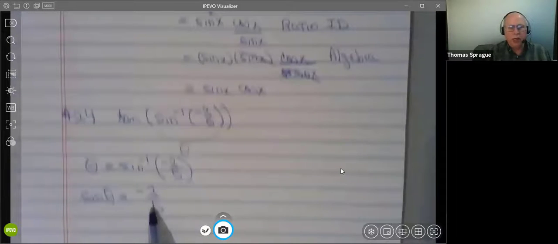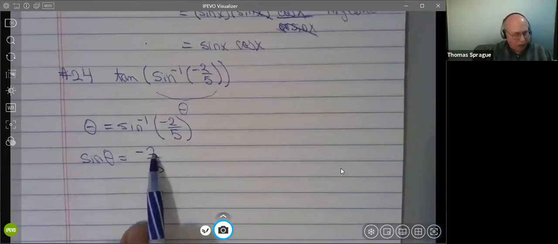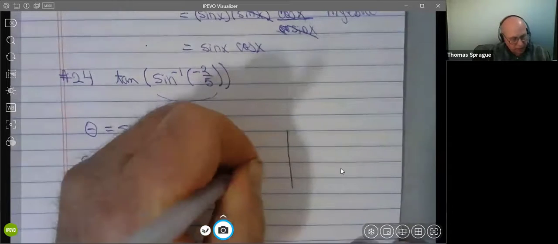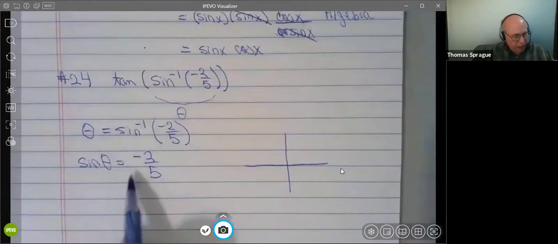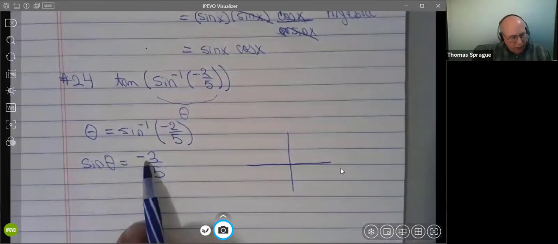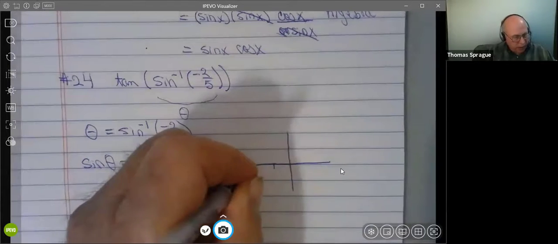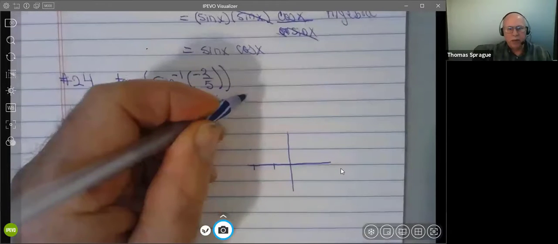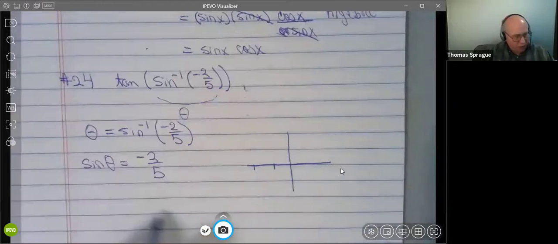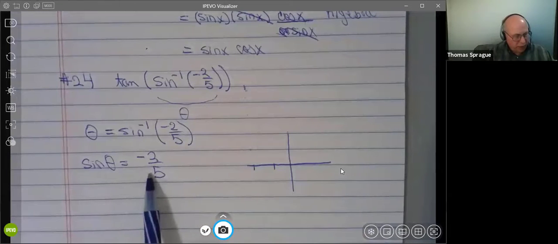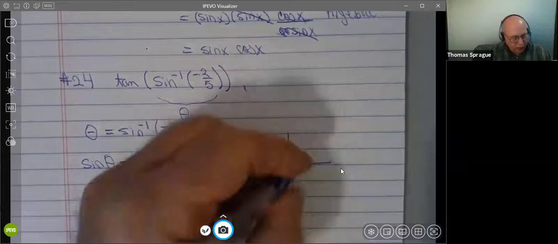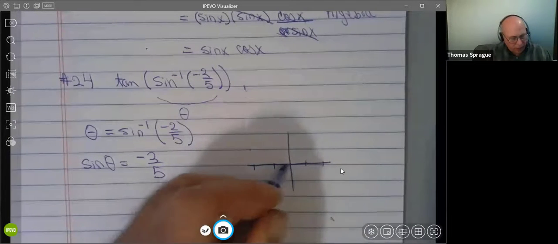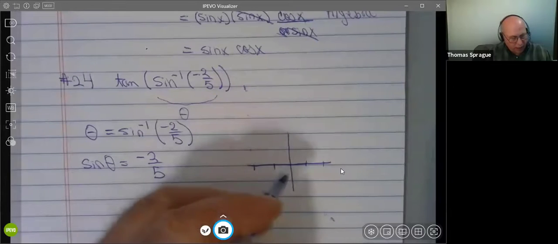It tells me that if I'm going to draw a terminal side for this angle, you could either make the x coordinate minus 2 and the y coordinate 5. We'd be way up here for a ways, right? Or you could flip the negative here and say you go over 2 to the right and then down 5. It would give you the same line.